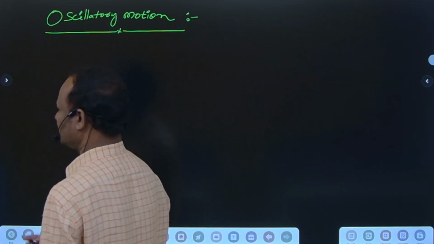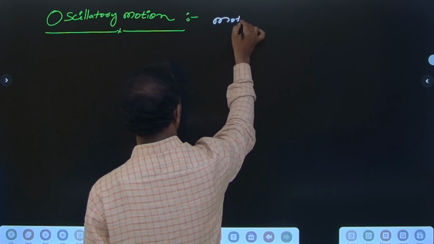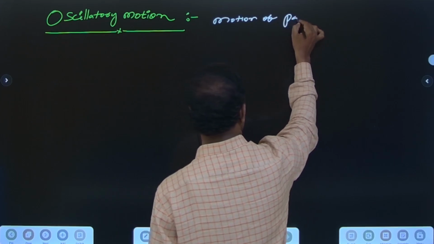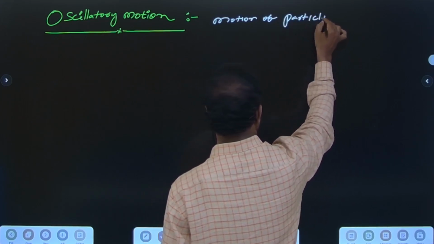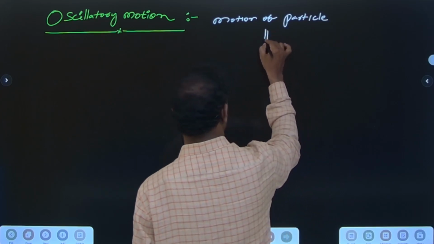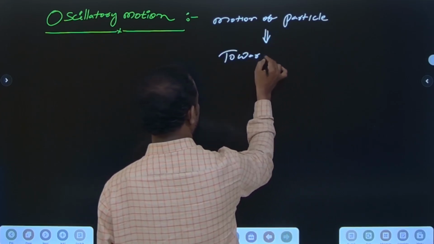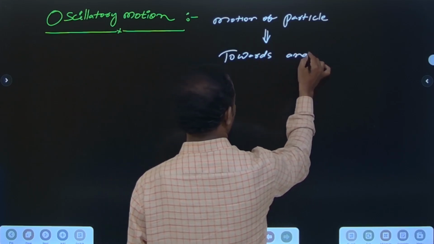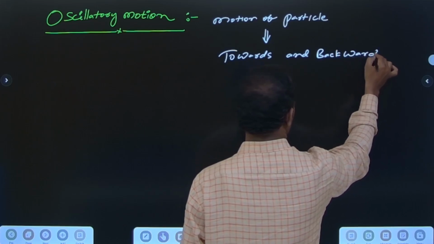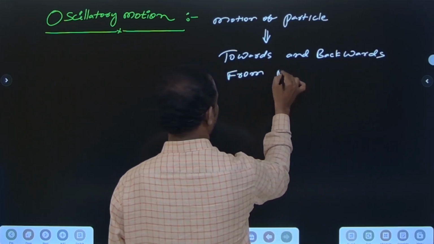Oscillatory motion is the motion of a particle towards and backwards from the mean position.